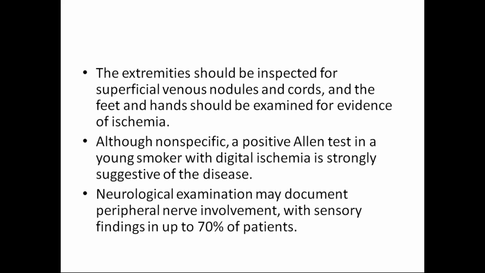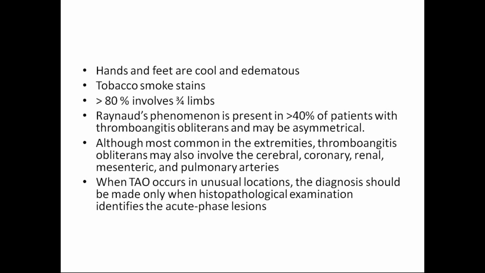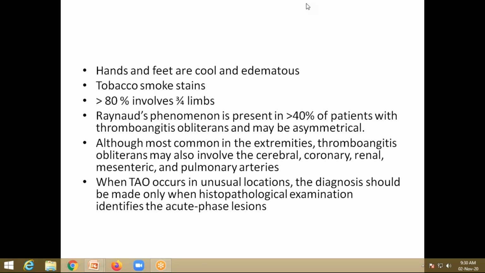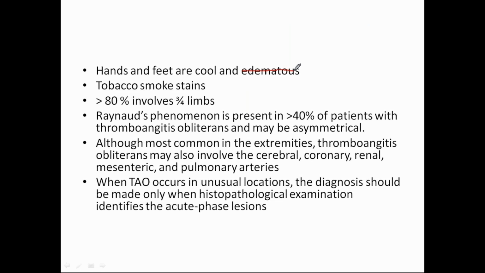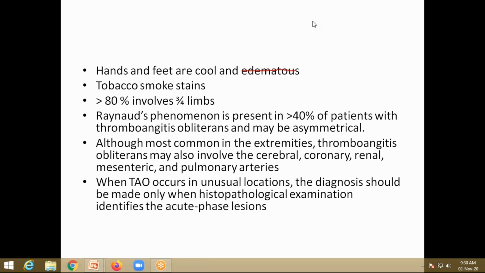They usually have sensory neural problems also. In the oral cavity, you may see stains. Hands and feet are usually affected and will be cool. Here it is given as edematous, but it will not be edematous, it is shrunken because it is chronic. So this is wrong, sorry. It will not be edematous.